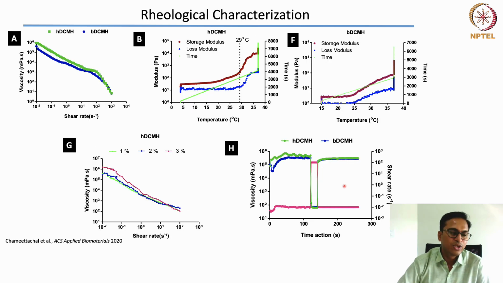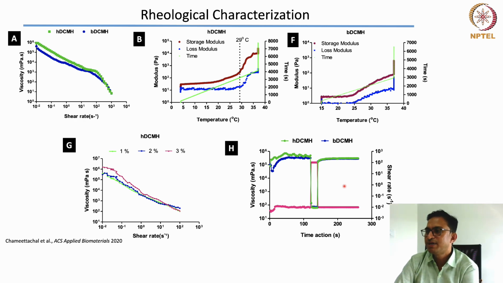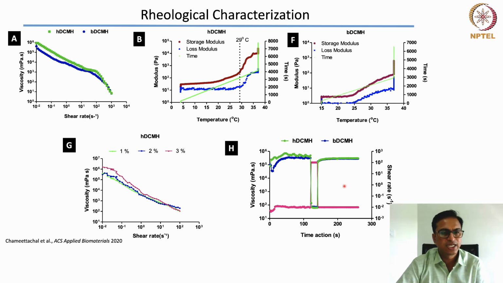Then we prepared the hydrogel, as I mentioned. We mixed the lyophilized decellularized cornea tissue in acidic solution, maintaining the temperature below 15 degrees centigrade, and then adjusted the pH to 7.